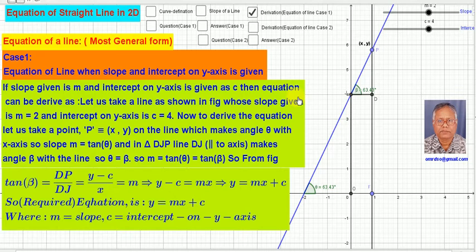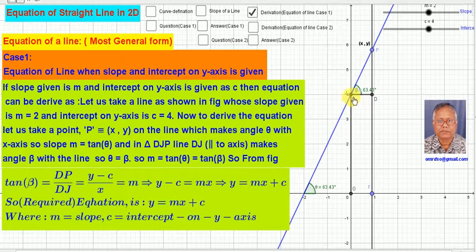If the slope of the line is given as m and the intercept on the y-axis is given as c, here is the intercept. OJ is the intercept made by the line on the y-axis, and the angle made by the line with the x-axis anticlockwise is theta. All right. So if you see, you draw a perpendicular from this point J to D, and D is the point which joins the point P. P is a random point (x, y), and draw a line this way.